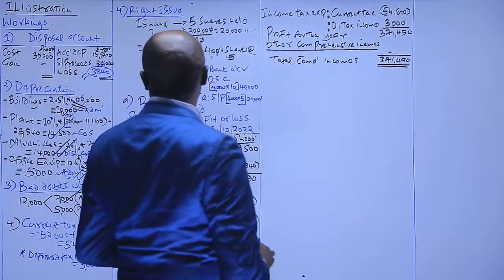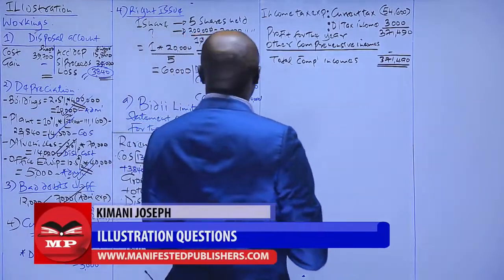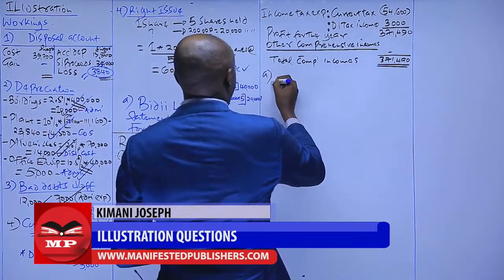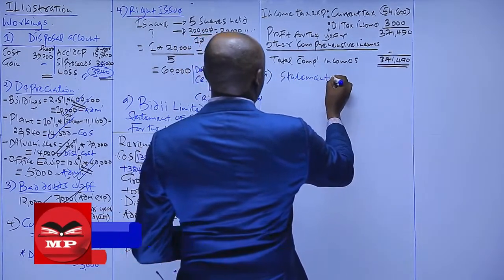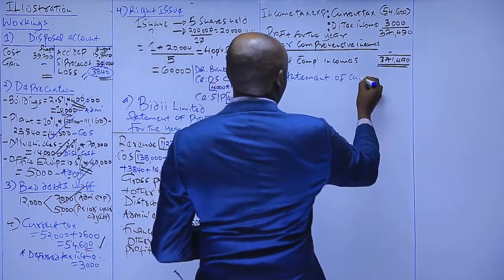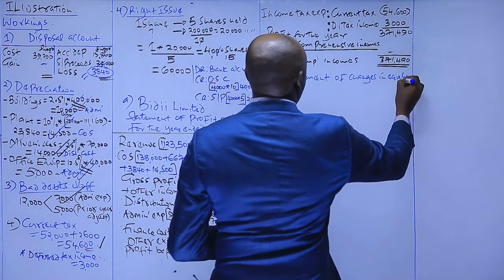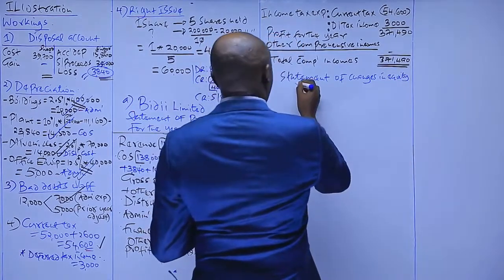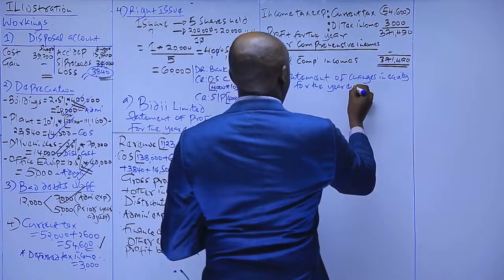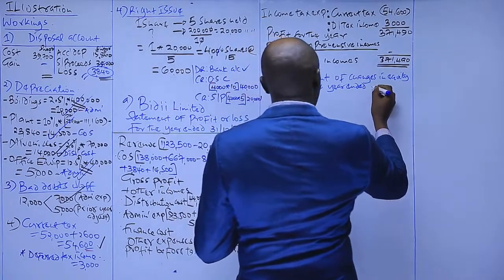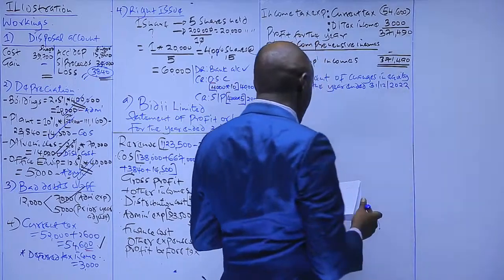So let's move to part B of that question. The examiner was requiring the preparation of the statement of changes in equity for the year ended 31st of December 2022.